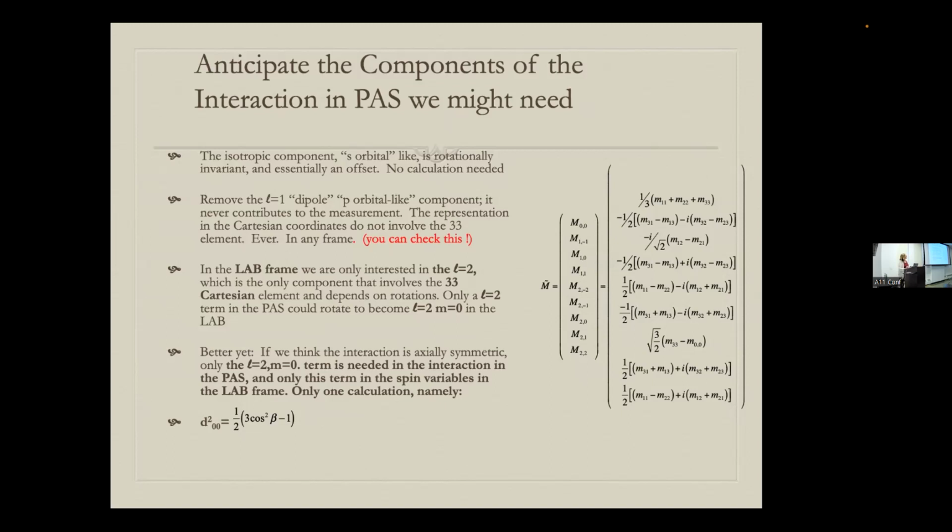By the way, if you have a uniaxial interaction, so that in the principal axis frame, you also only have the L equals 2, M equals 0 component, like of your CSA. It only has that component. It has nothing else. Uniaxial.